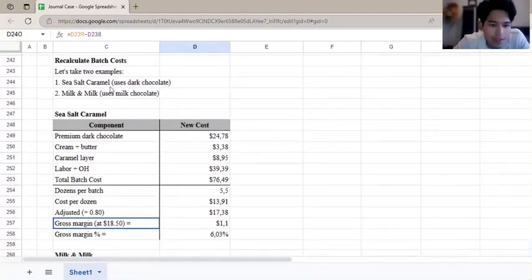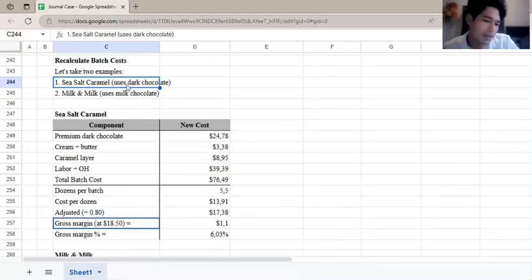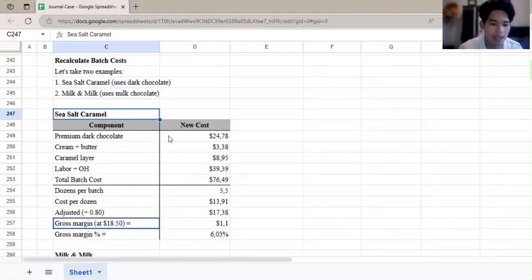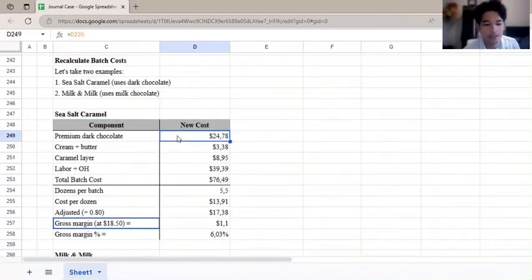Now we're going to recalculate the batch cost. First, we calculate the sea salt caramel, which uses the dark chocolate fondant, or the premium dark chocolate, where the cost is $24.78.